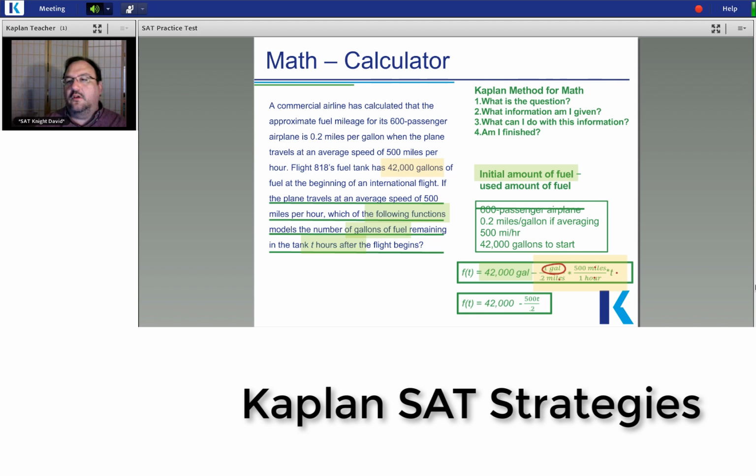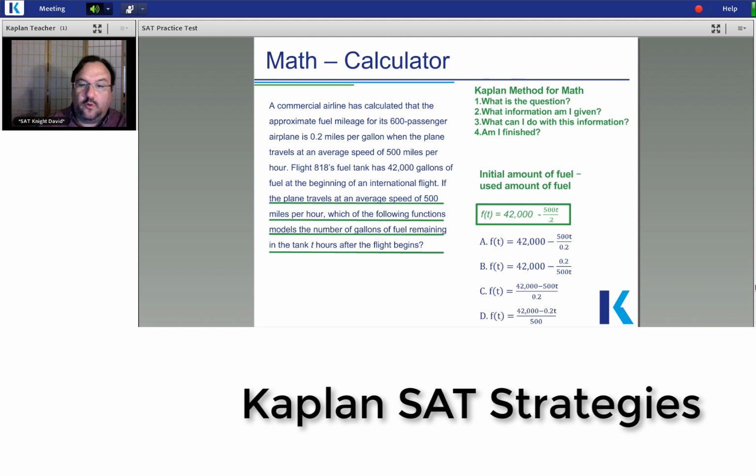Those are two big words I use all the time because I want us to do that on test day. If you are able to do that, you're going to get more questions right. Once we cancel out all of the units, we end up with 500t over 0.2. So which of those answer choices matches what we just came up with as we worked through the problem?